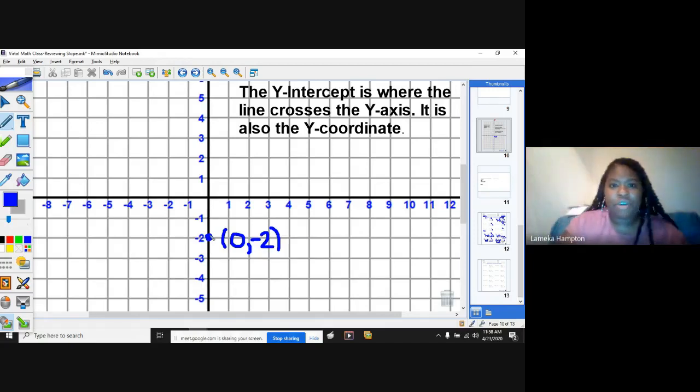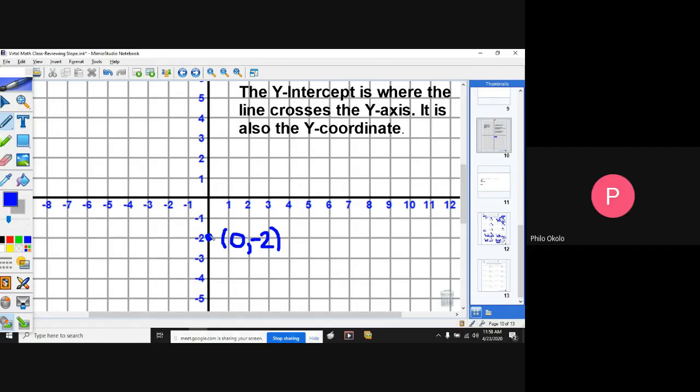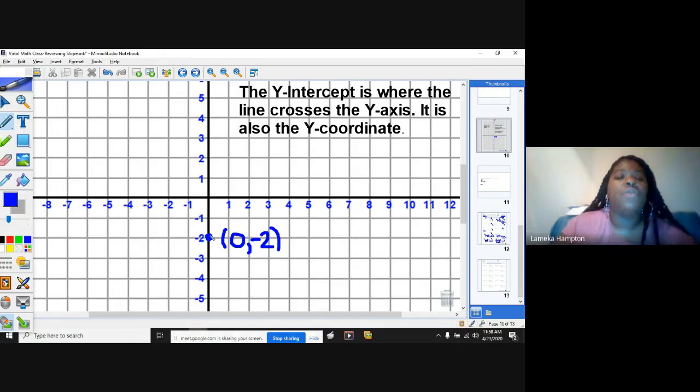Does that sound familiar to y'all? Okay. So what I'm going to do now is go up to 1, 2, because 2 was positive. And then I'm going to go over 1.